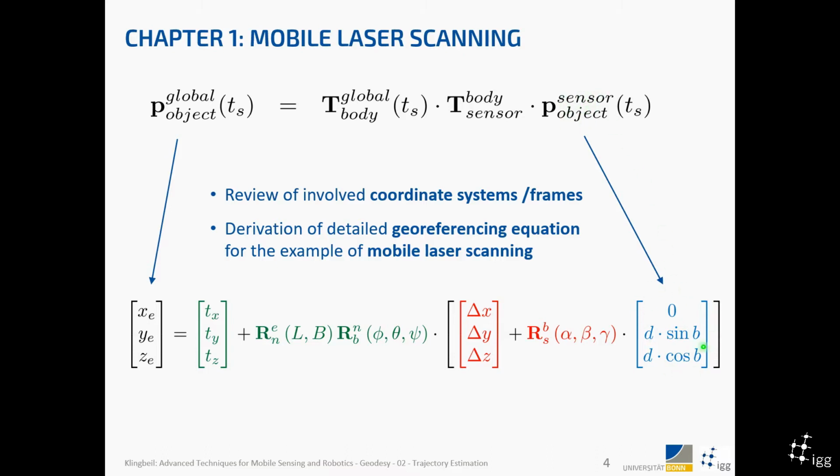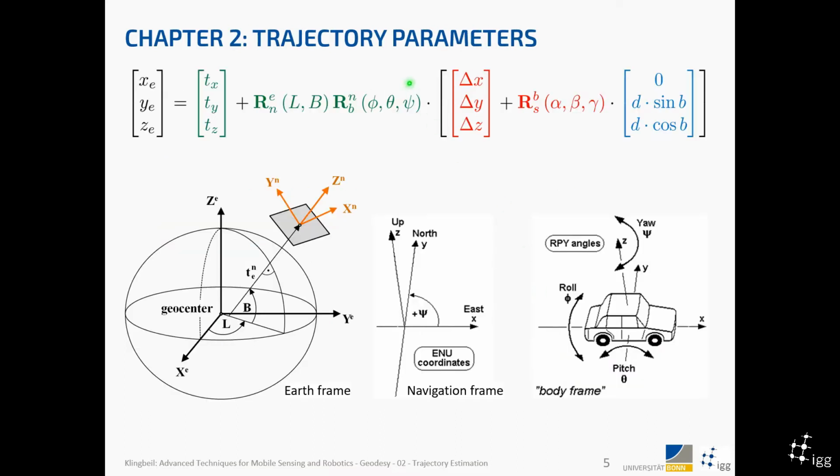We measure objects because the object reflects the laser light, and there's a distance and an angle measurement to that object. And then we have a chain of transformations which are necessary to generate the global coordinates of that measurement of the laser scanner. It involved a calibration part and a trajectory estimation part, and today we speak about the trajectory part.